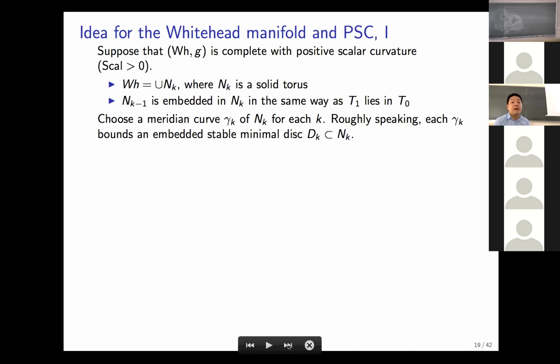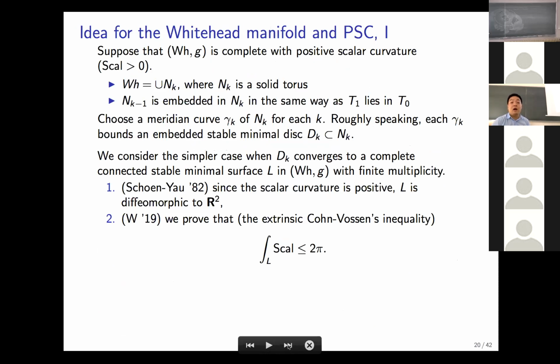Roughly speaking, each gamma_k bounds an embedded stable minimal disk D_k in N_k. Now we consider the simple case when D_k converges to a complete connected stable minimal surface L in the Wang manifold with finite multiplicity. Because the scalar curvature is positive, Schoen-Yau's result tells us L is homeomorphic to R^2.